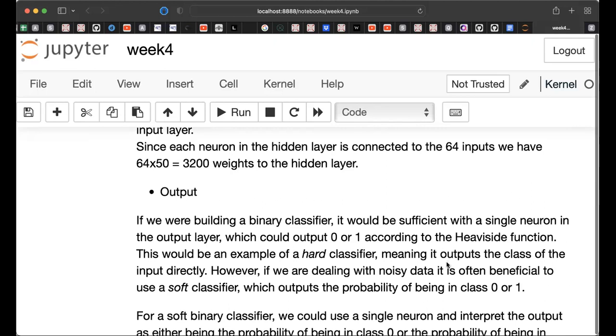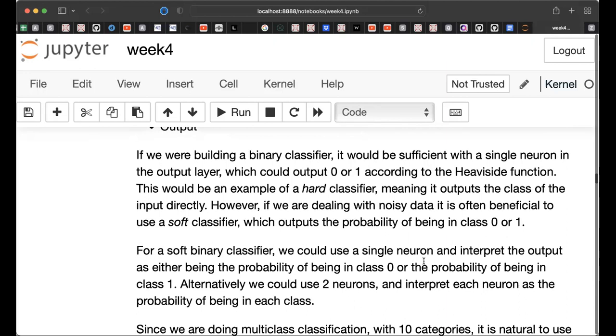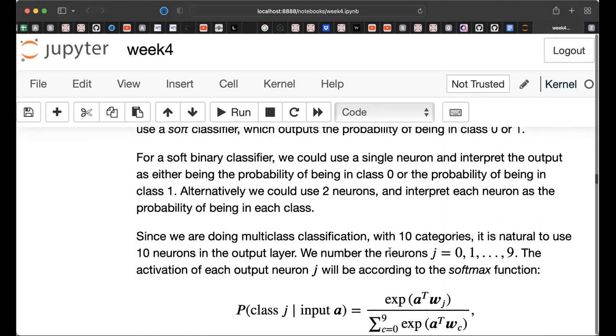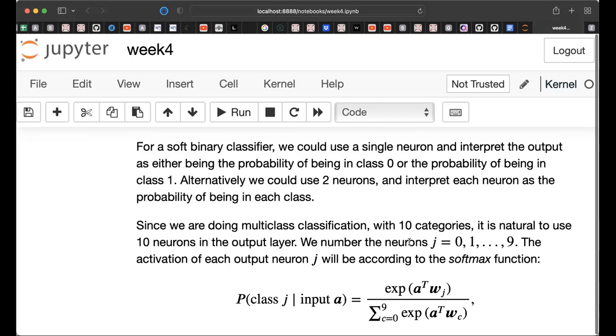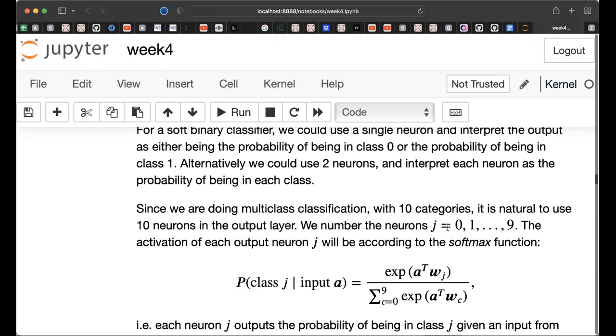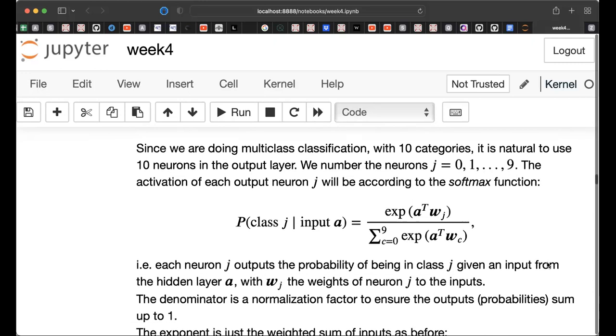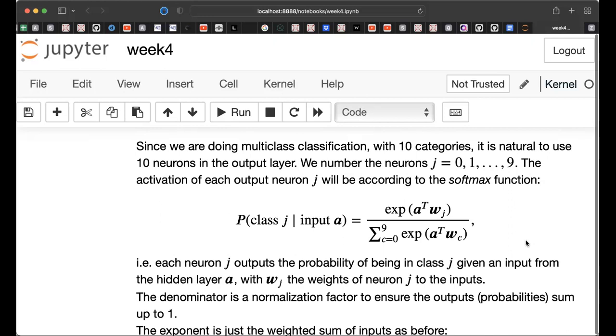For a multiclass classifier, like the one we have now, we have 10 classes, which are the 10 handwritten numbers. So we would end up with 10 neurons in the output layer. And we would just number these from j equals 0 up to 9, which are the numbers. And the outputs which we would get would be given by the softmax function.